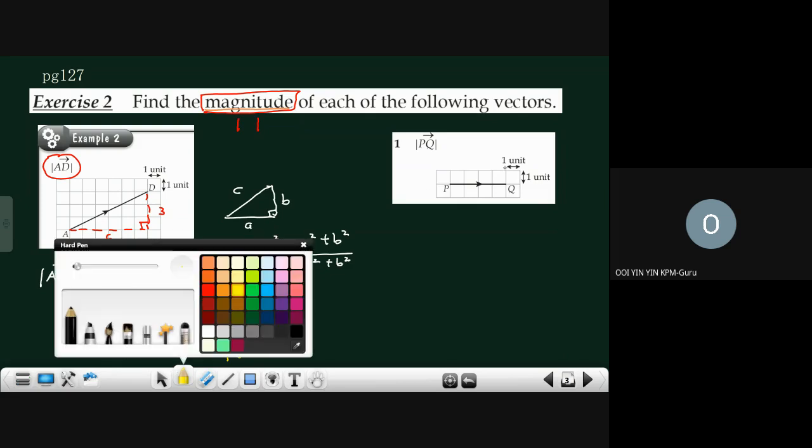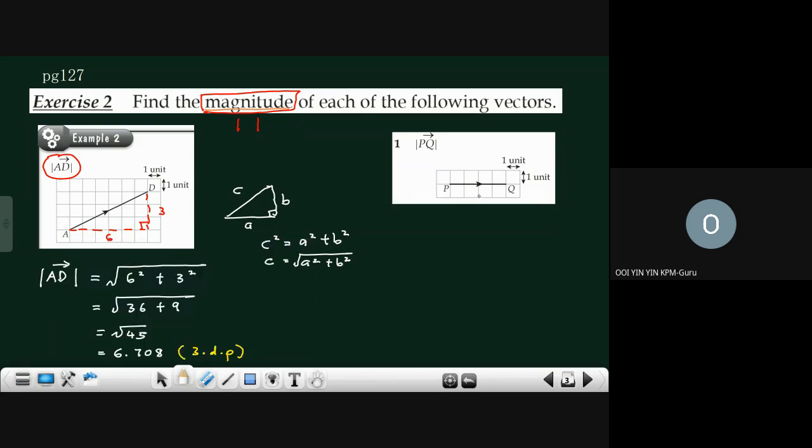Okay, now we go to question 1 here. Same school here. Now we want to find your magnitude of PQ. PQ arrow. Yes, please. Yeah, I'm going to repeat a lot of this because I'm so afraid that you will forget to write down the arrow. And then this modulus sign means magnitude. Okay, now we are finding magnitude.